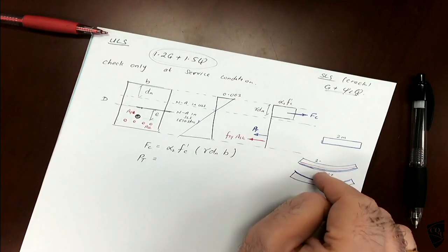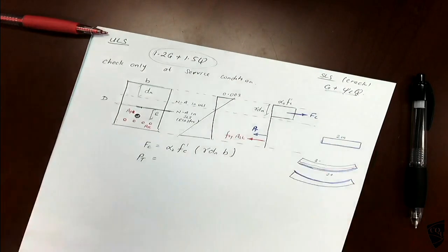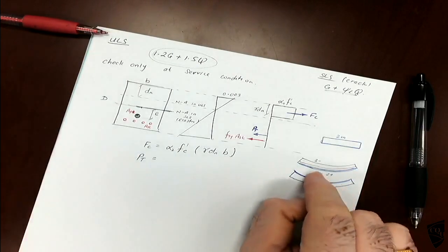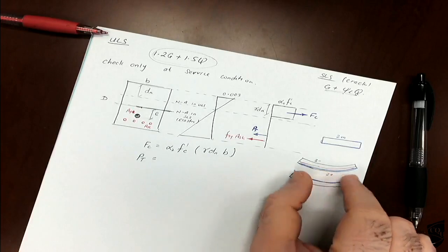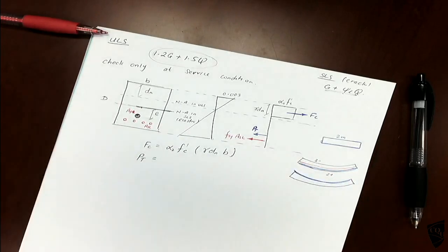Since the steel is on the tension side, that length will increase, so the steel will stretch even further.